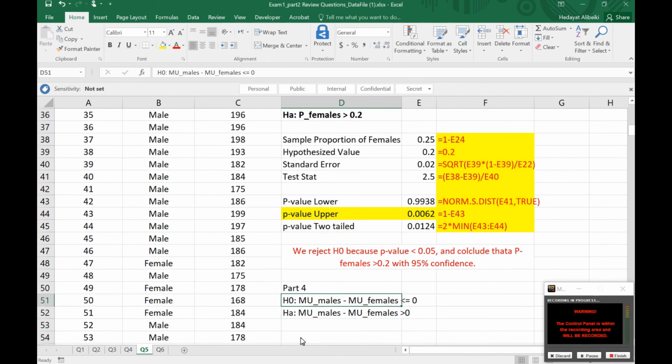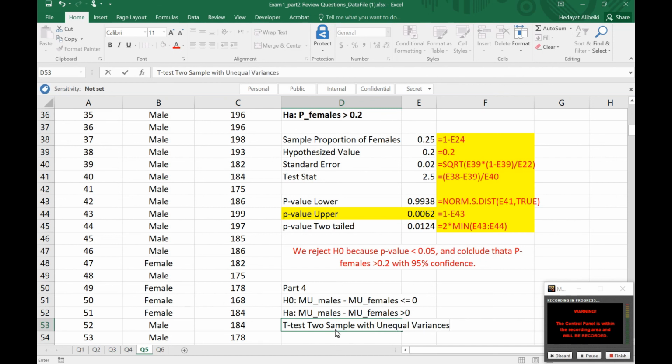As you can see here, we are dealing with two samples: one sample from the male group and another sample from the female group of golfers. So I'm going to use a t-test, two samples, a two-sample test with unequal variances.